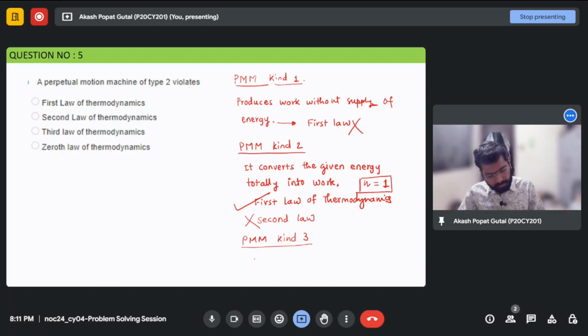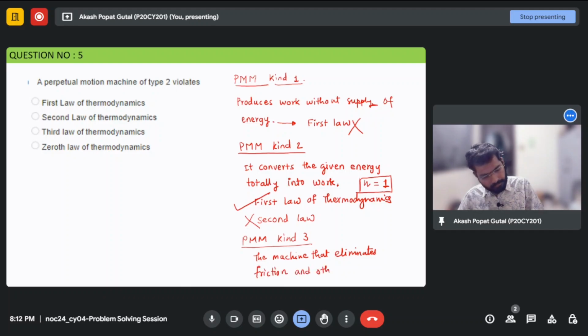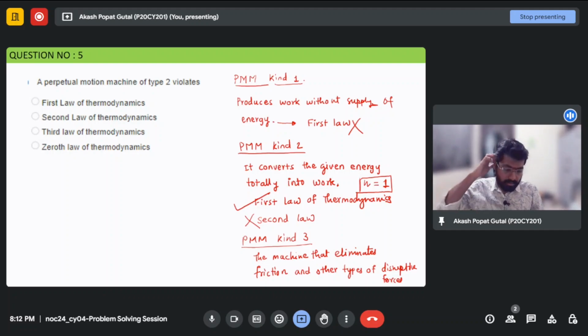This machine does work by cancelling out, or we can define it in another way, as a machine that eliminates friction and other types of disruptive forces from the system. So it is the machine that eliminates friction or other disruptive forces from your machine.